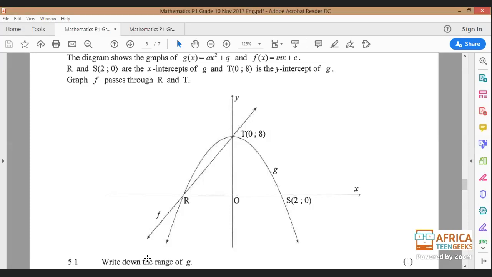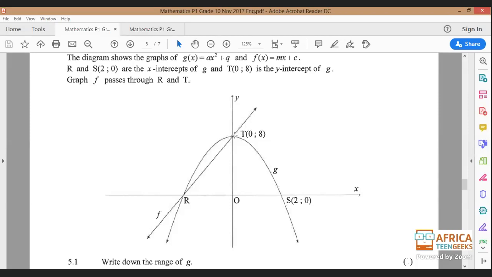If you look at 5.1, it says write down the range of g. Remember, boys and girls, your range is the maximum or minimum that a graph can reach on the y-axis. If you look at your g of x, it is your parabola. But remember, what is the range? The range can reach 8.